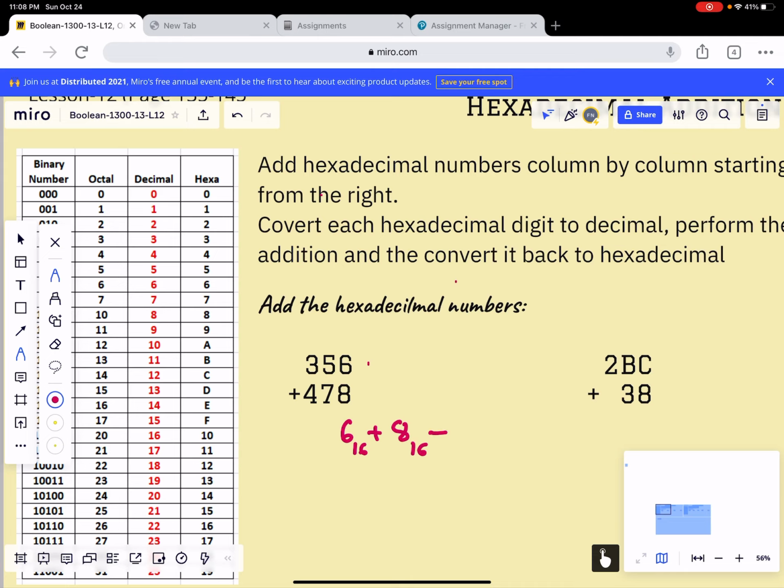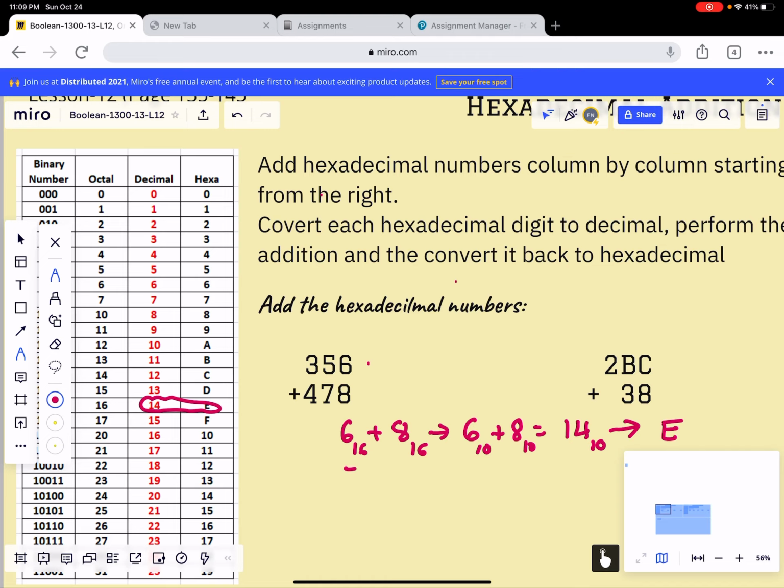And you want to convert back to the decimal number, which is the same thing. 6 decimal plus 8 decimal equal 14. And 14 decimal, you convert back to hexa. 14 decimal in hexa is letter E, so I write out letter E.